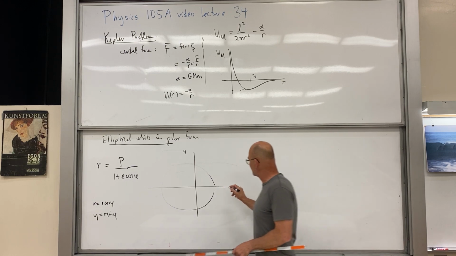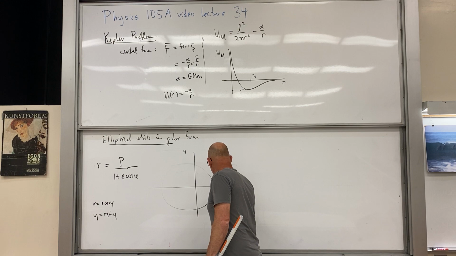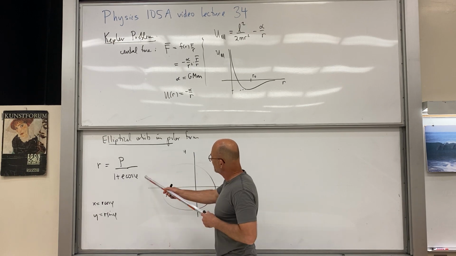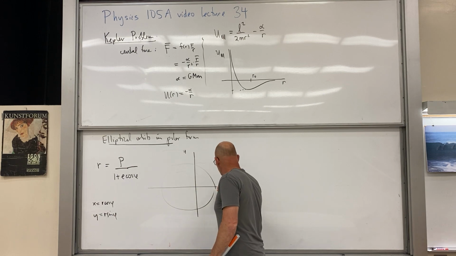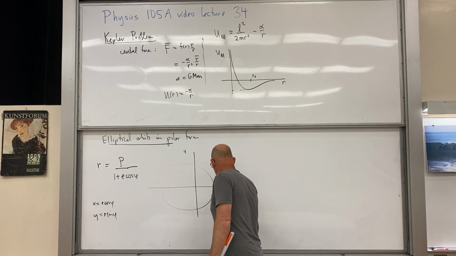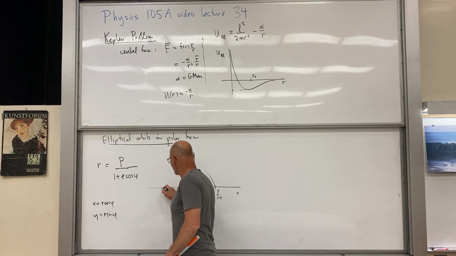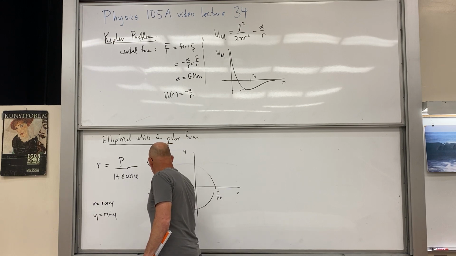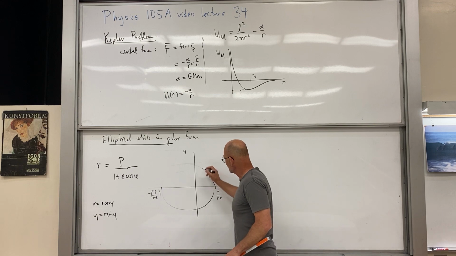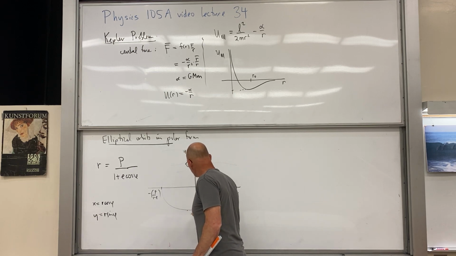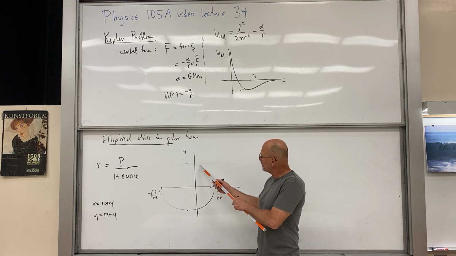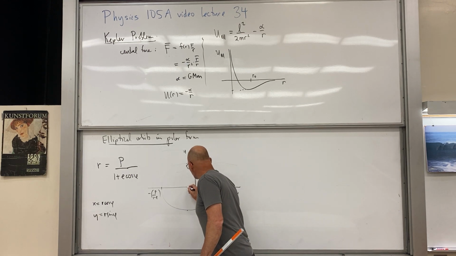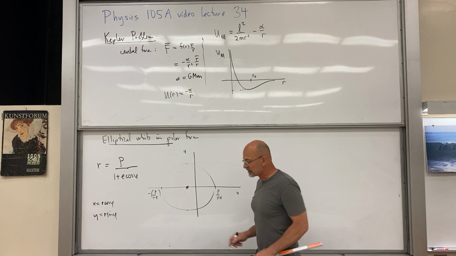Here's our ellipse. We had phi equal to 0. Here we had p over 1 plus e. Over here we had the negative p over 1 minus e. And then we had a maximum and a minimum point, not at phi equals pi over 2, but where I'd like to put a little star for the geometric center of this thing.